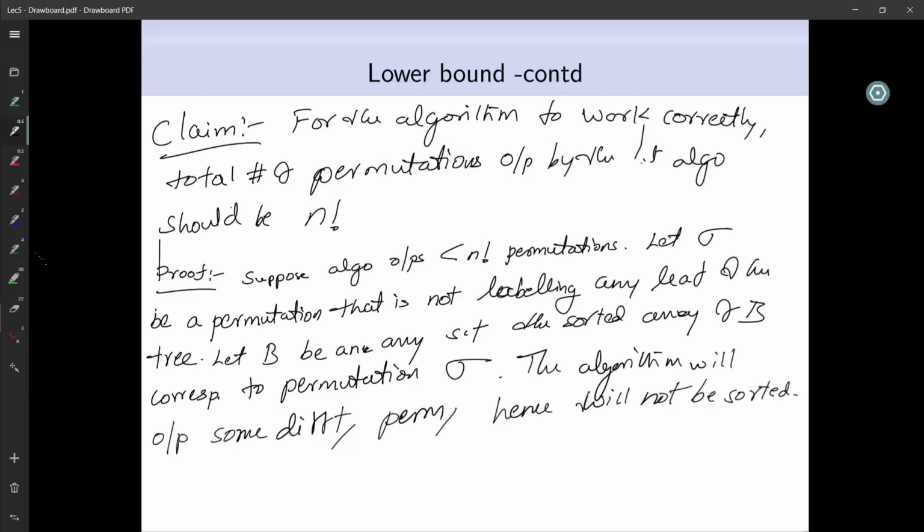There are two things which I have left without proving. One is that the permutation is unique, which I hope you convince yourself, and the second, that for any permutation you can come up with an array. I'm not proving it right away, it's fairly easy. You can just take the sorted array and consider the inverse permutation of the given permutation.